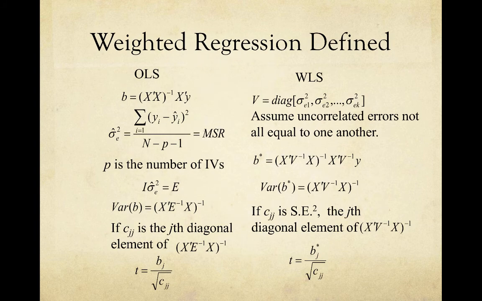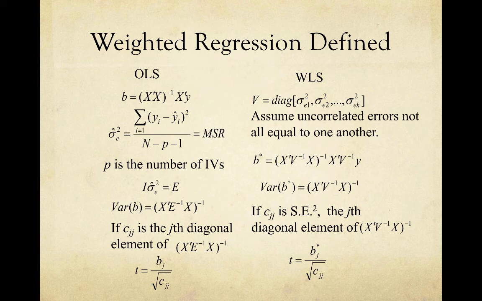I've got the two columns here, one for OLS and one for WLS. If you are at all familiar with the matrix representation of OLS, the B weights are (X prime X) inverse times X prime y. The variance of error we find by the sum of squared residuals.